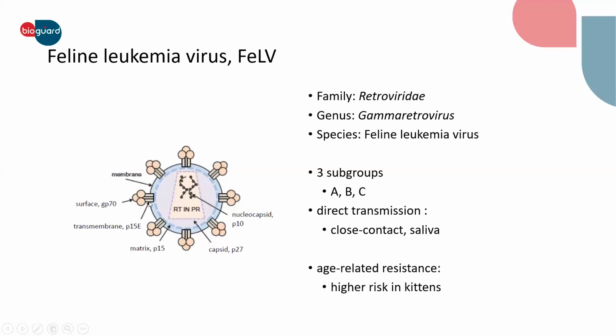It also has a transmembrane protein. And inside the virus is the capsid P27, which we just mentioned. The rapid test and ELISA actually detect the free P27 protein in the blood. And inside there is also a nucleocapsid protein.